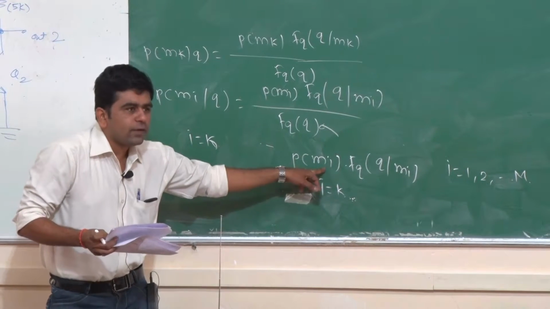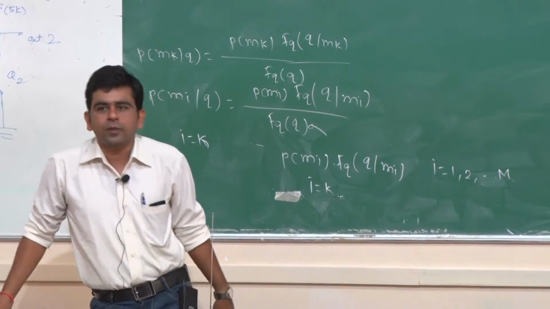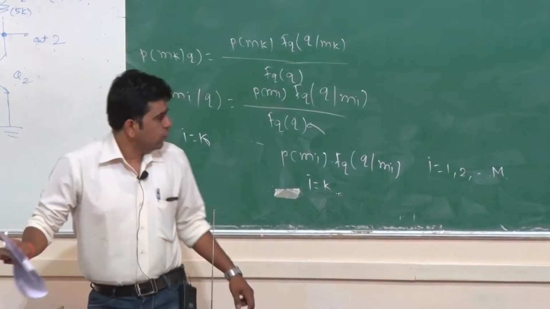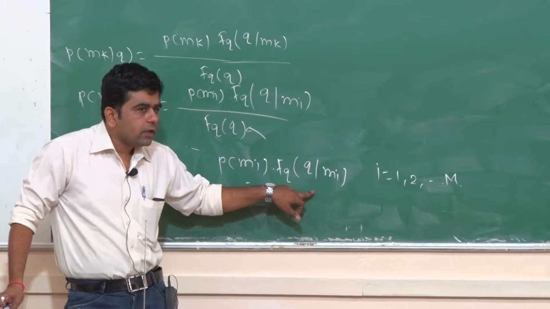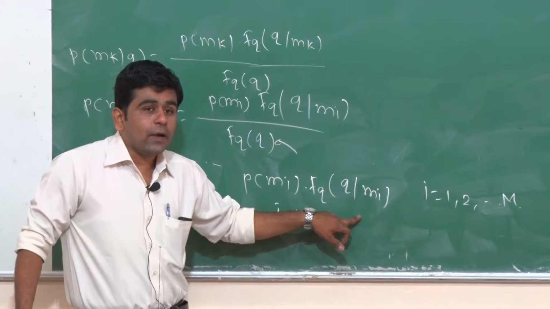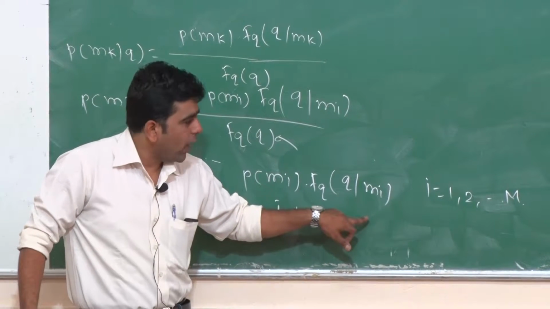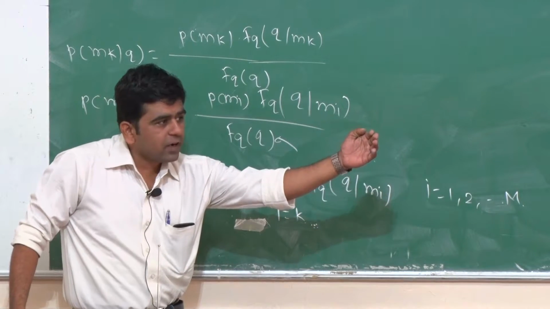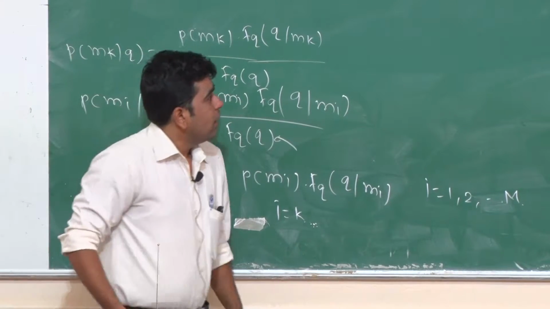The probability of mi is our prior probability, decided by your transmitter; either it is equiprobable or non-equiprobable. So we have to compute the conditional probability density function for the q vector, provided this mi symbol was transmitted from your transmitter.